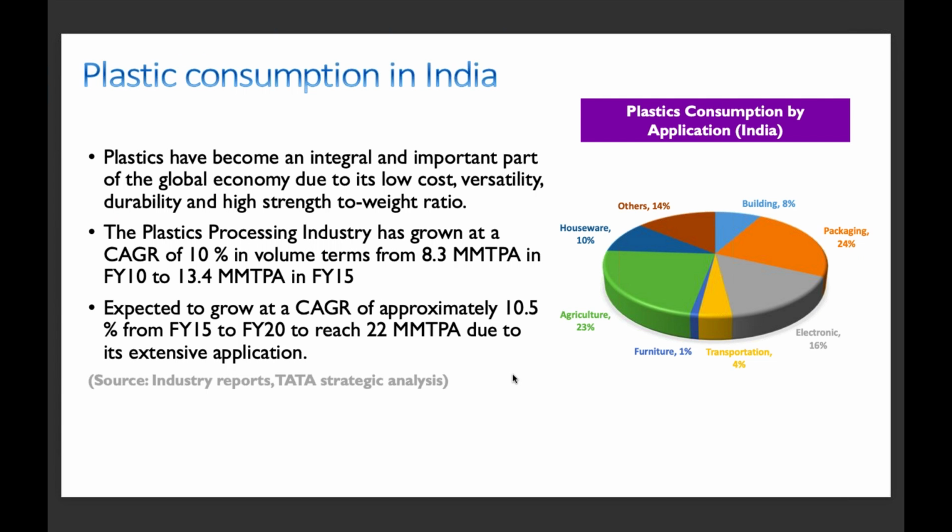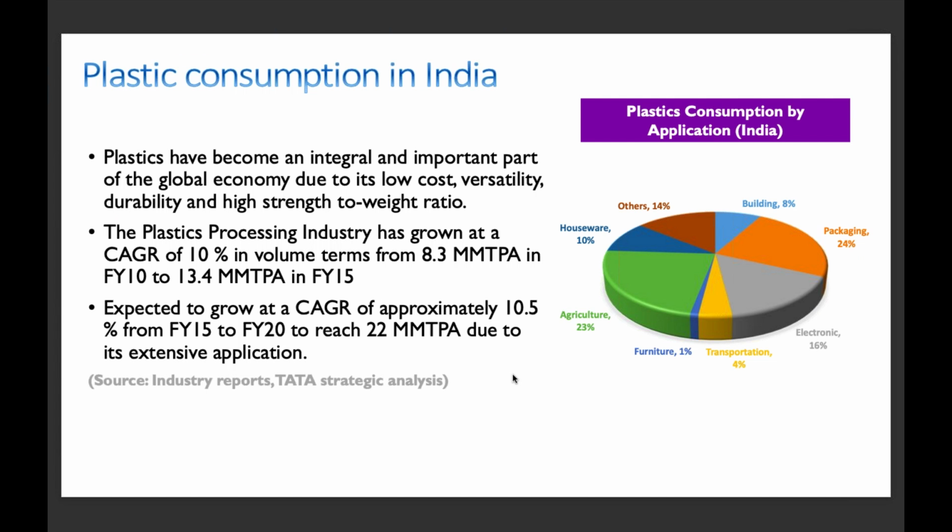However, the surprising element in this distribution was the 23% use in agriculture, which of course I did not know, that we are using plastics in agriculture at such a large scale. But when I did some research, what I found is that a lot of plastic-coated seeds are being used in agricultural practices for increasing productivity.